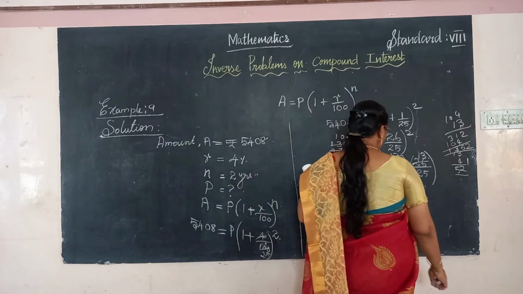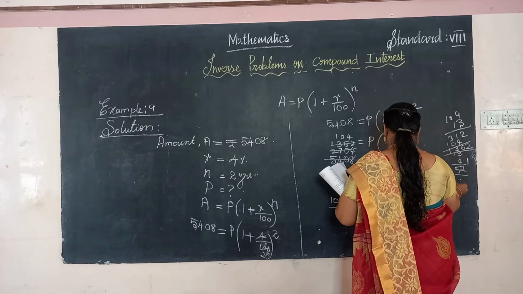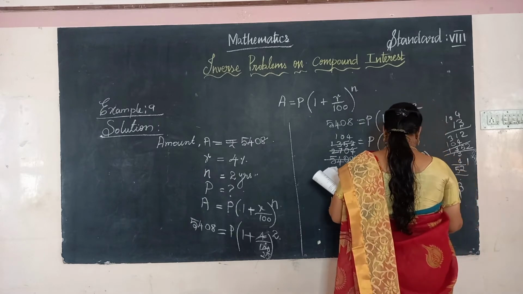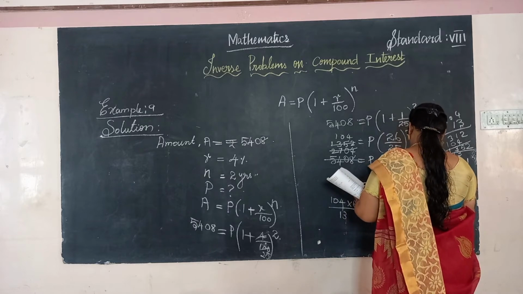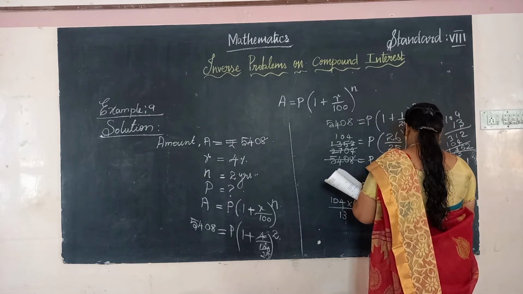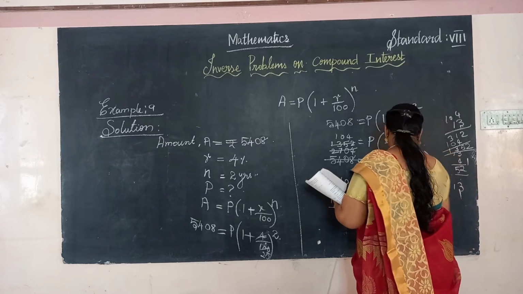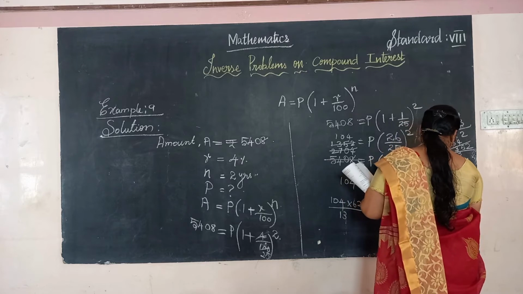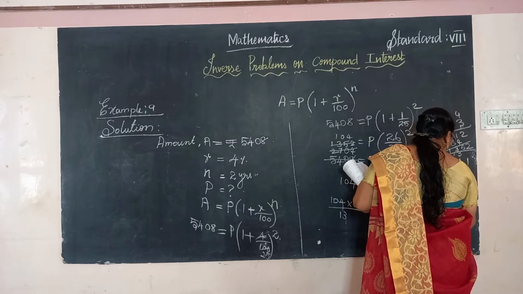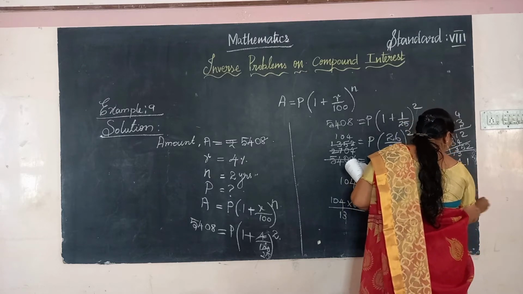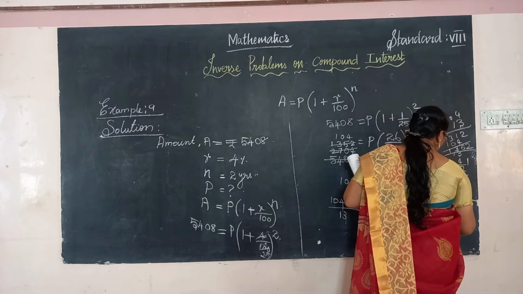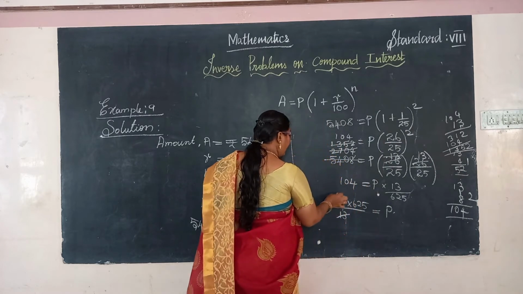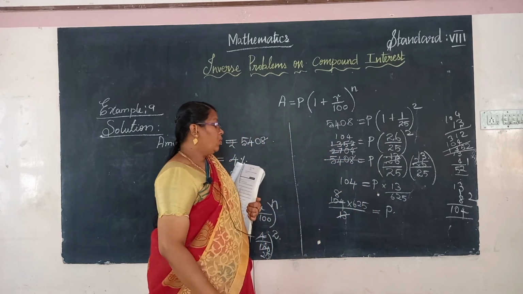Thirteen, how many times is possible? 13 table. 8 13s are 104.